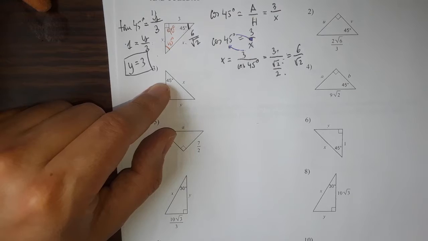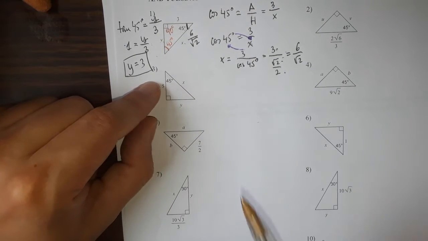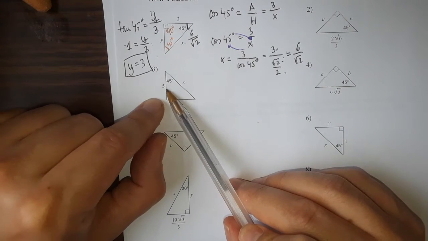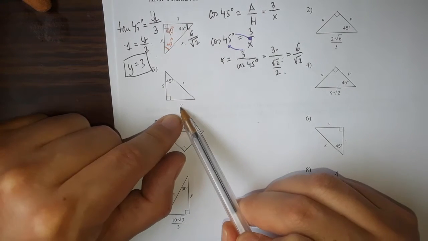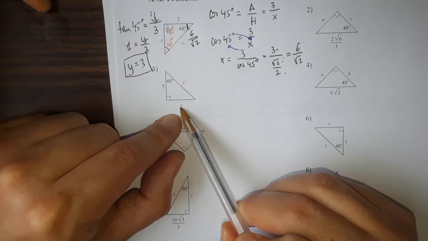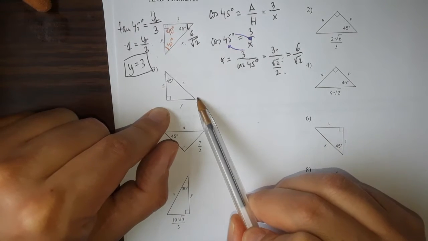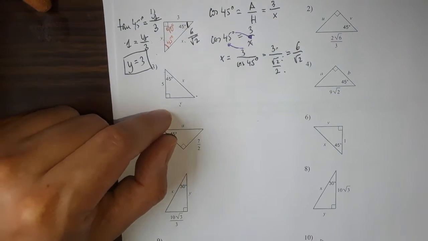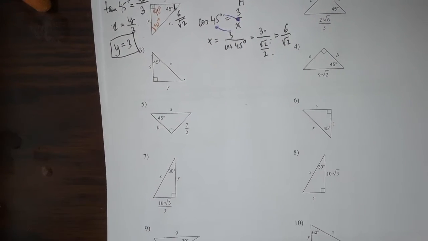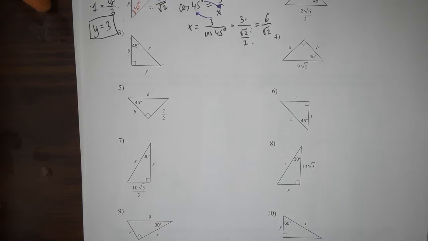So that can help you to solve these problems quicker, because if this is 5, this must be 5. The legs are the same for 45, 45, correct? Okay, now if we want to solve this quicker, let me show you.